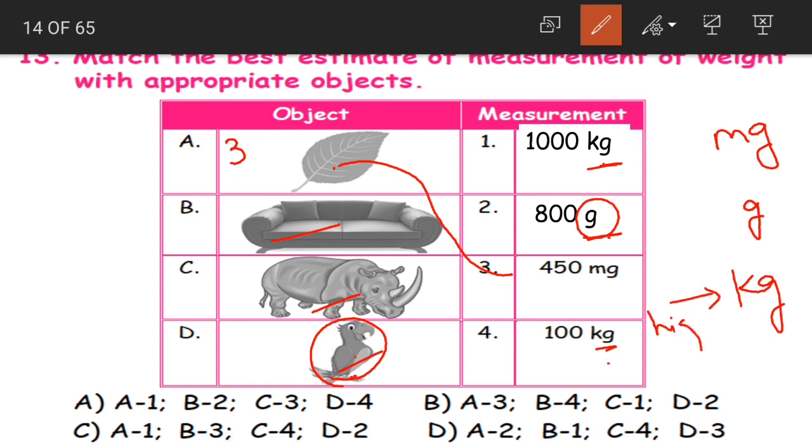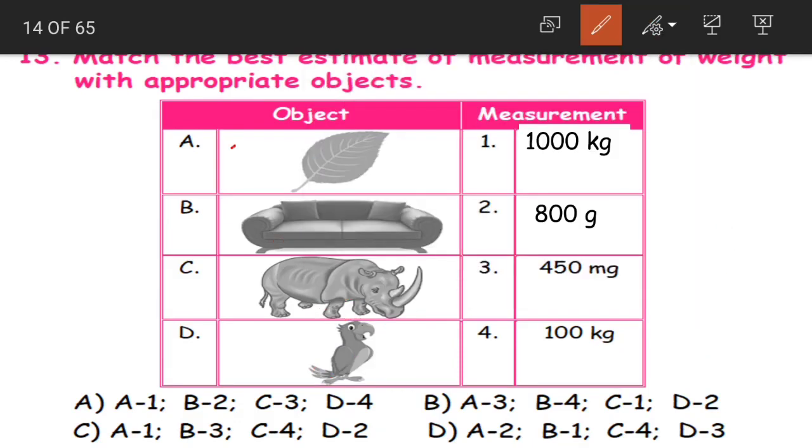Kilograms are the highest measurements of weight. So grams are the next least measurement. So we'll match the bird with grams. A bird approximately weighs 800 grams. Approximate, children. It is not the exact figure. It will weigh around 800 grams. So for option D we have 2.